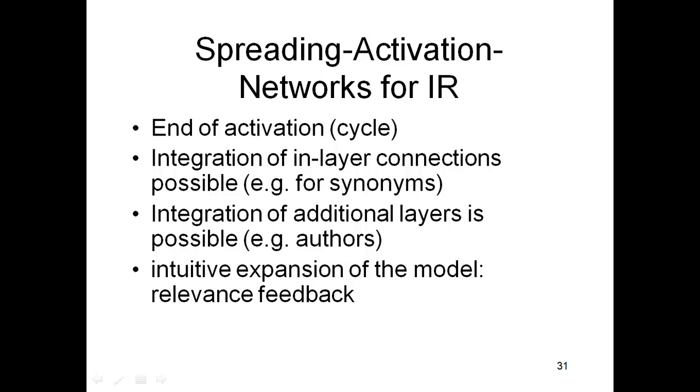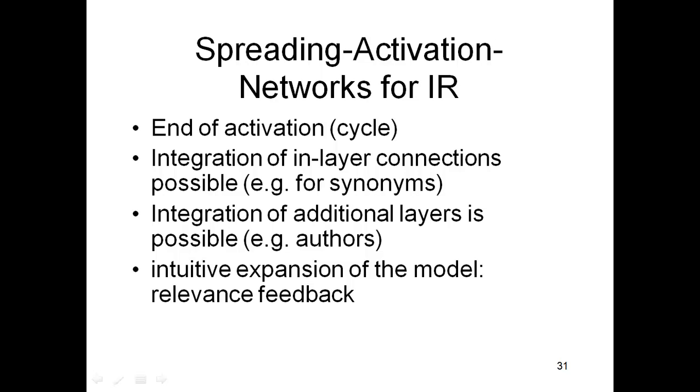We can add different layers, like an author layer, an institution layer, things like that. Or we could also have hidden layers where the units don't mean anything really, where they don't have an interpretation, which is one of the strengths, of course, of the neural network algorithms.